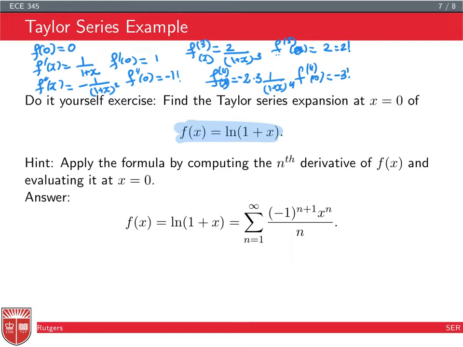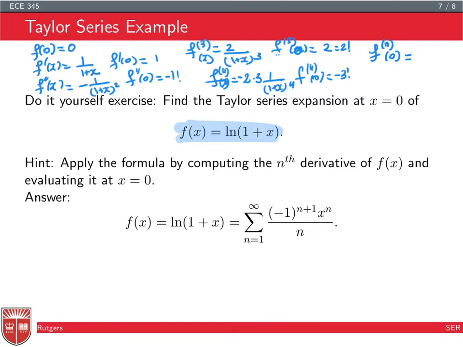I hope we can see here that the nth order derivative at 0 is equal to, for 4, a negative sign. If the order of degree is even, then I have a negative sign.